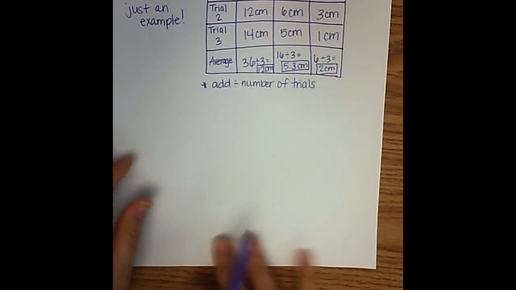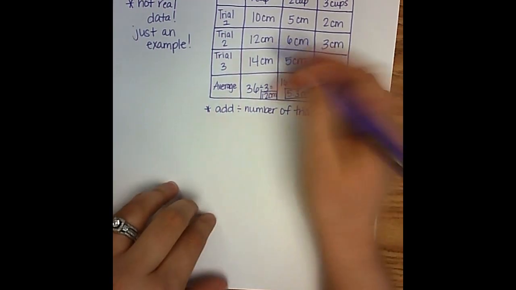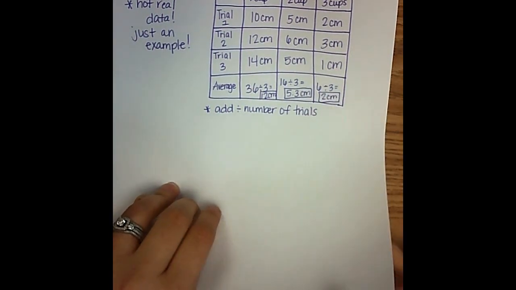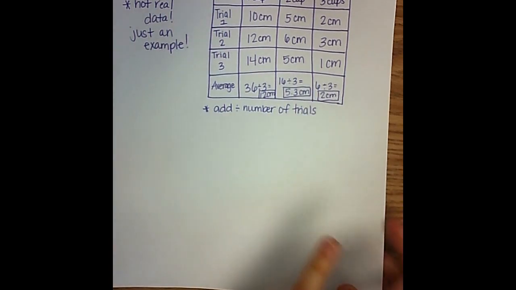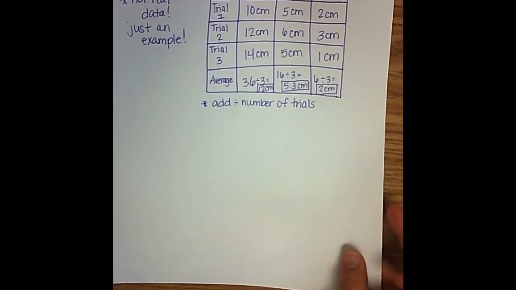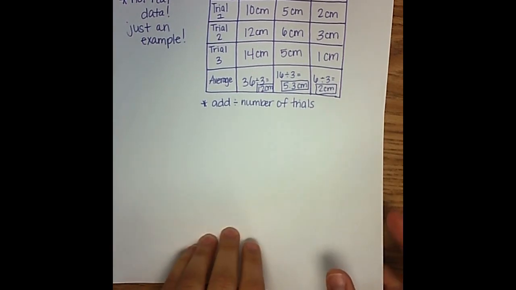Now, let's talk about things that you need to keep in mind when you go to measure. I'm going to go to another page, but you don't have to if you still have room, or you can flip this over to the back of your notebook page, but I just want to have enough space. So I'm going to make a little chart.